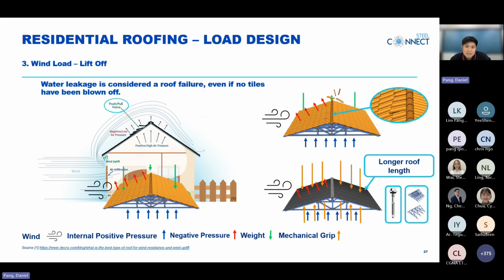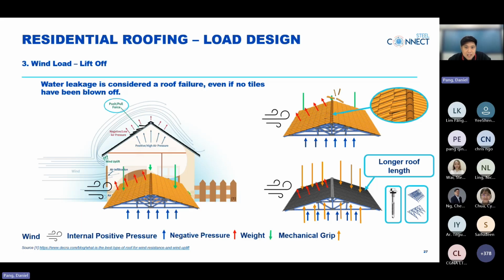Now let's move the tile roof a little to the top right to bring in another diagram for a better explanation. So in this diagram, while it is using a tile roof, if a negative pressure is too high at the top, the tiles at the peak will experience a lift off, as you can see here.